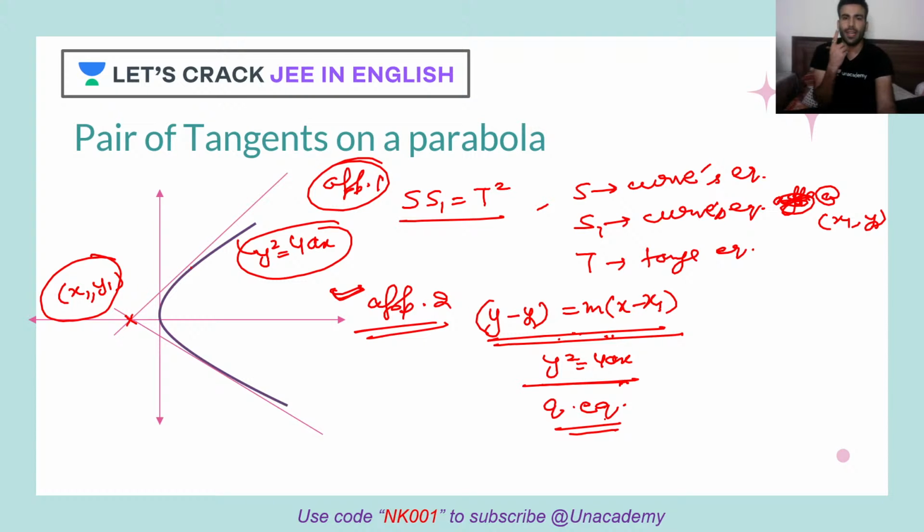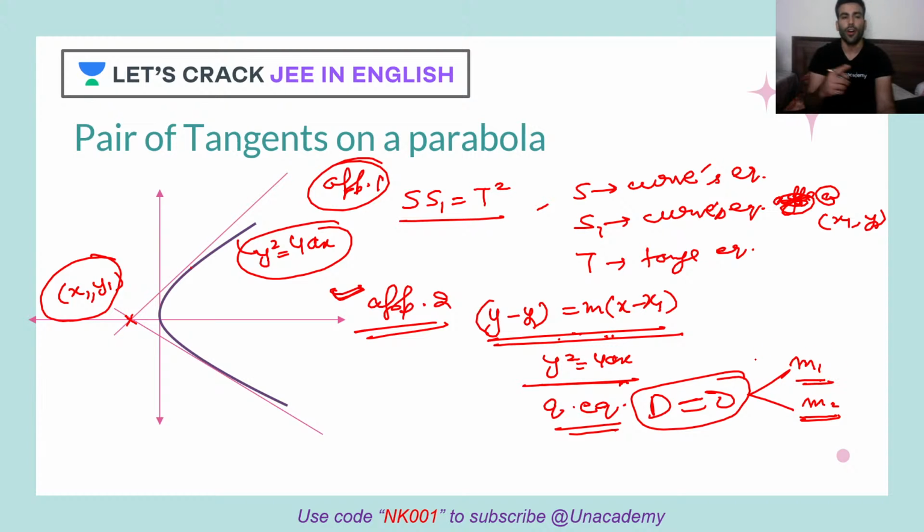So the quadratic equation's determinant would be what? Equal to 0. When you do this, you would find two values of m, and these two values of m are the slopes of these tangents. So this M1 would be used for this and M2 can be used for this. Clear? So this is the approach which people generally use.